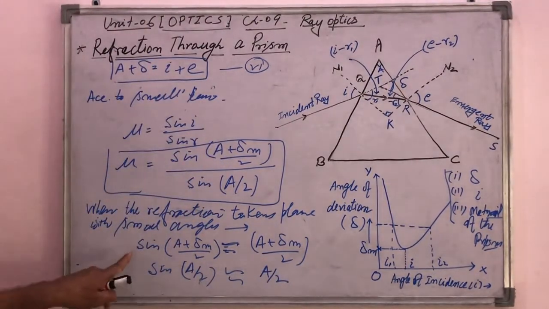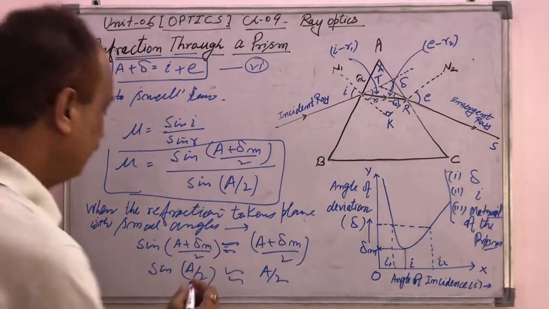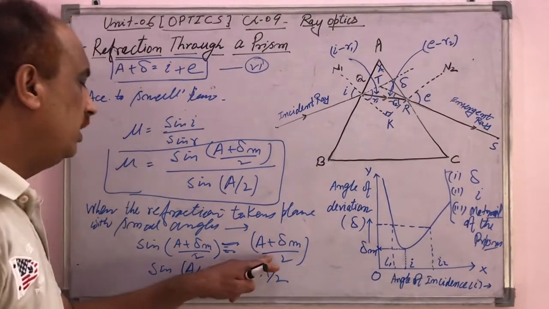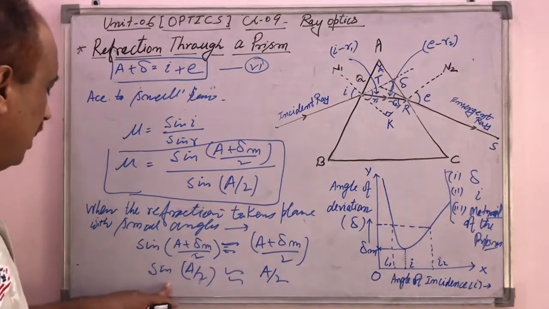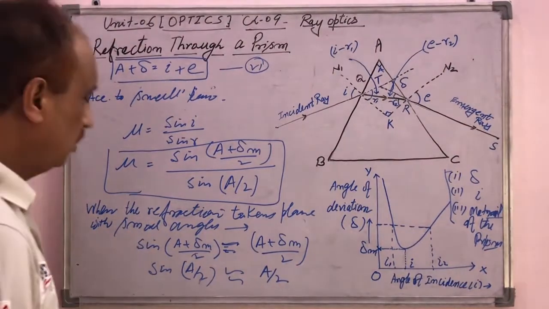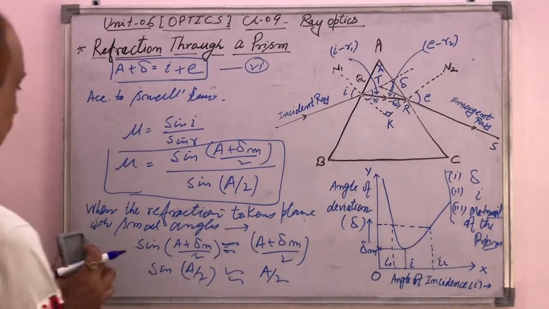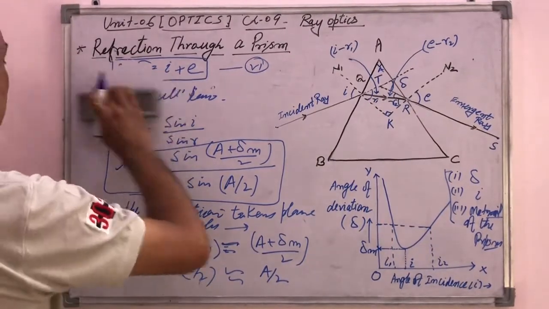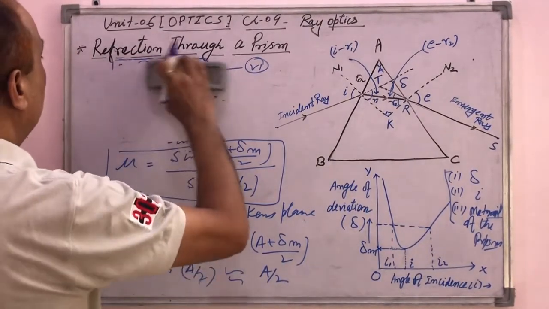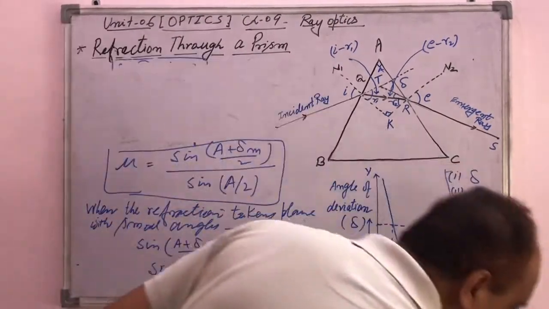So when the angle is very small, in radians, sin of (A plus delta m) by 2 is equal to only (A plus delta m) by 2, and sin A by 2 is equal to A by 2. When we put the values in the above relation, we can find the condition for the minimum angle of deviation.